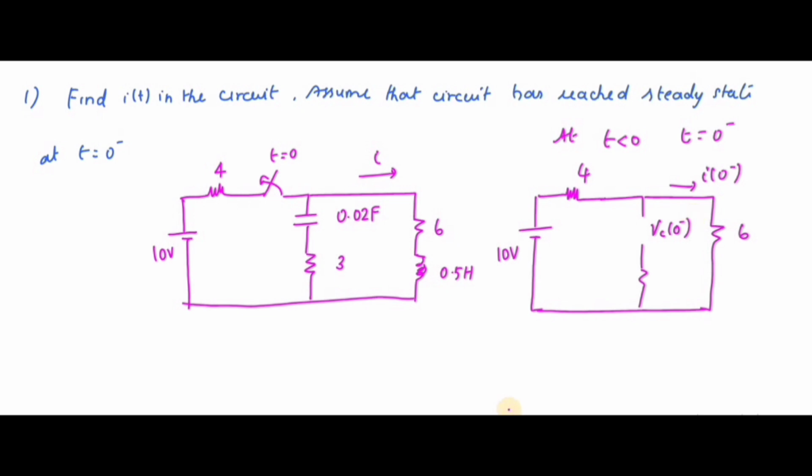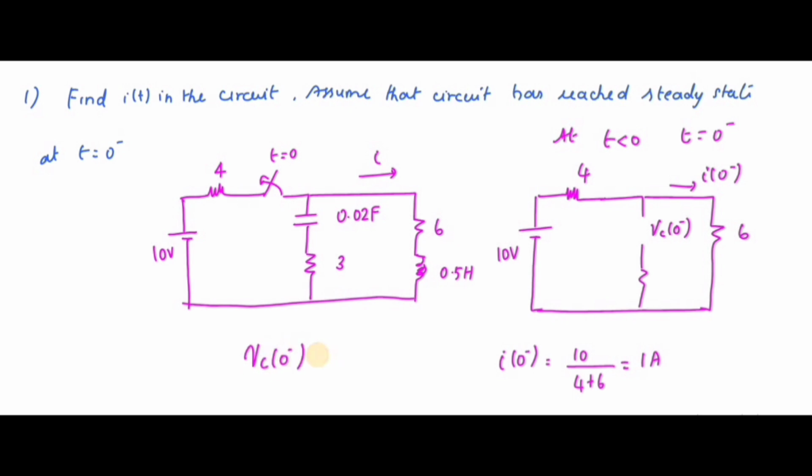So the current flowing through this is i of 0 minus, which is 10 volt divided by 4 plus 6, that is 1 amp. Now I need to find the voltage across this capacitor. It is open circuited, and the current flowing through the 6 ohm resistance is 1 amp, so the voltage across it is 6 volt.